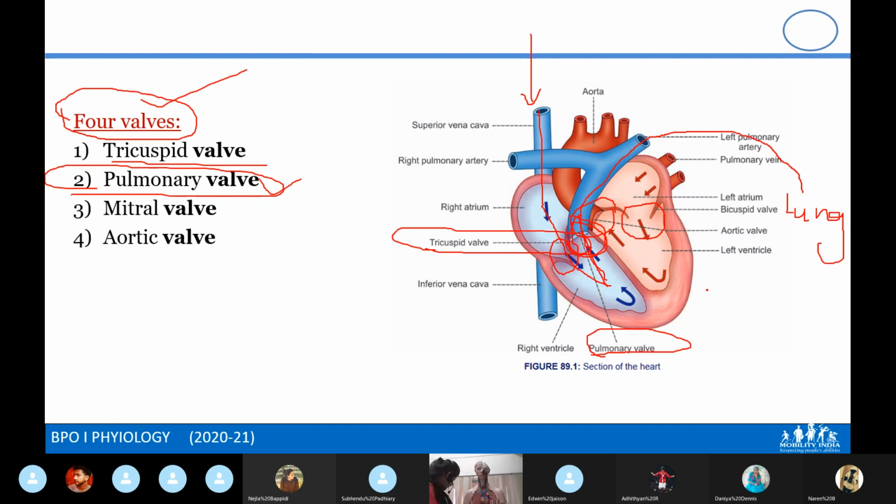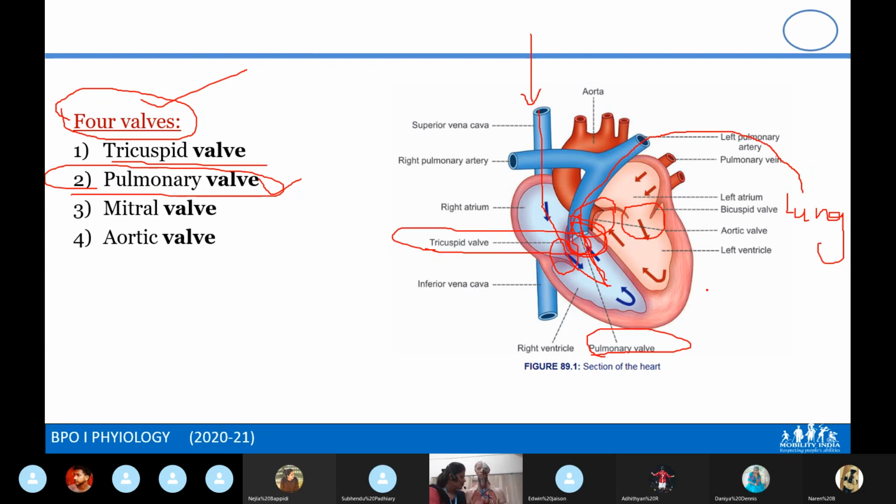So where are the lungs present? Here. Okay, so inside these lungs, if you see here, this is the pulmonary vein and pulmonary artery. Lung is also supplied by blood vessels. Those are called pulmonary artery and pulmonary vein.